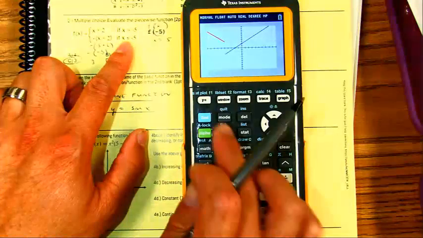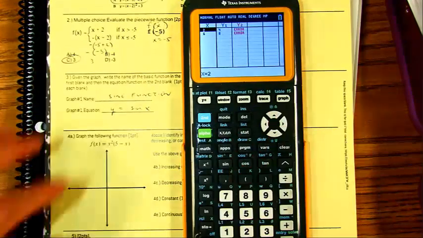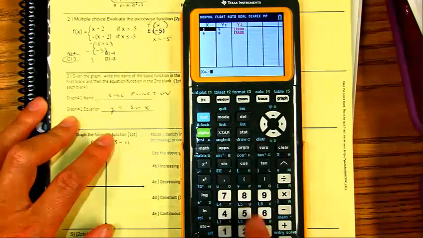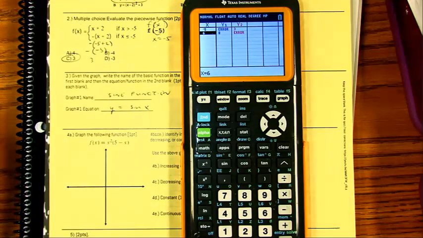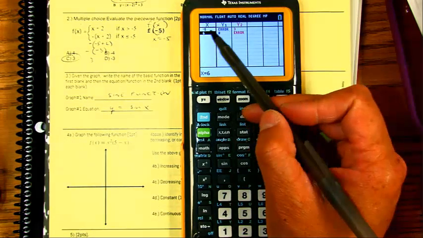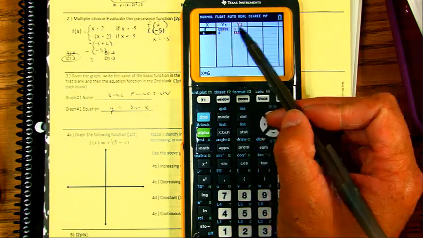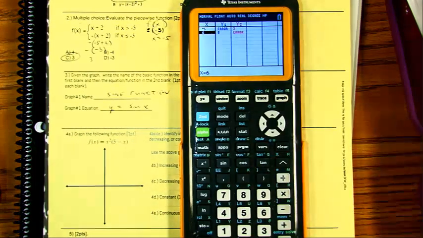Another way of verifying that is just pressing second table, and it's kind of telling you what to do. So at negative 5, if you put in negative 5, you'll see that it's an error on the blue one, but the answer is 3. So that's another way of using your calculator.